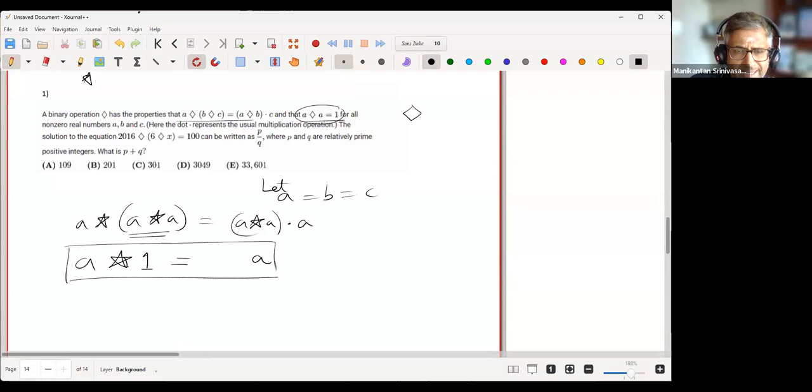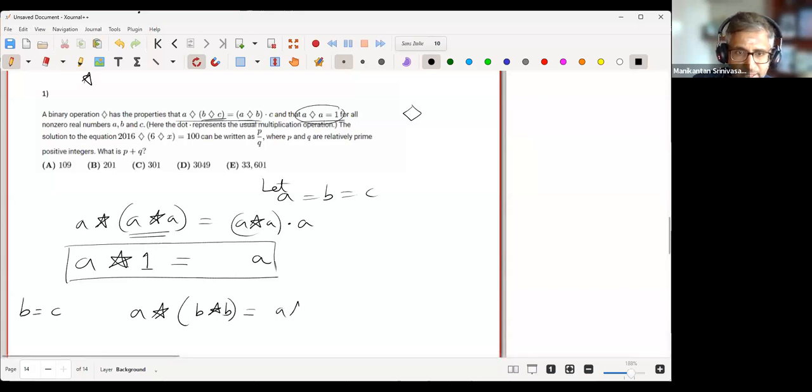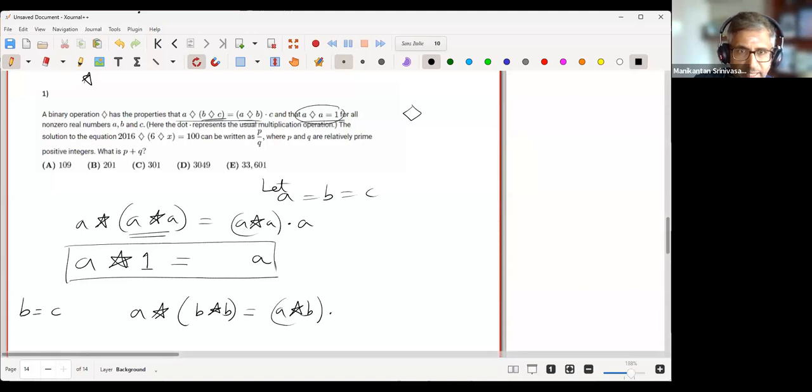Now let's say I keep A the same as B or B the same as C, one of them. Because I have A star B and B star C, let me try B equal to C. So I have A star B star B equal to A star B times B. Now, does this tell me any extra information?